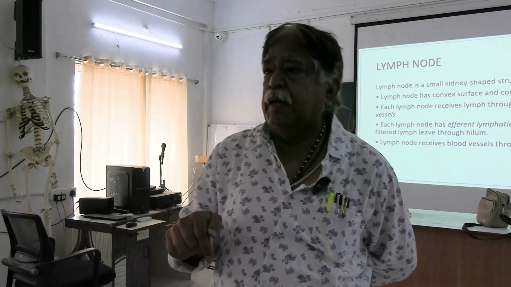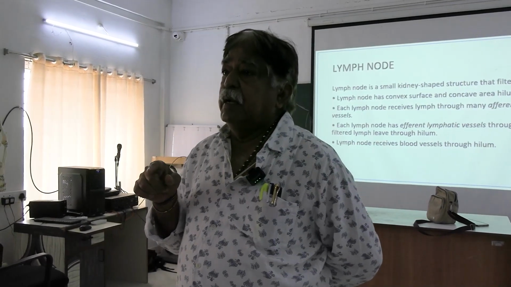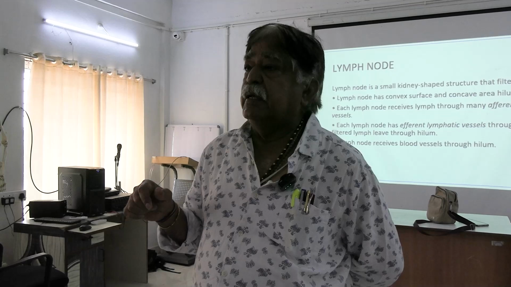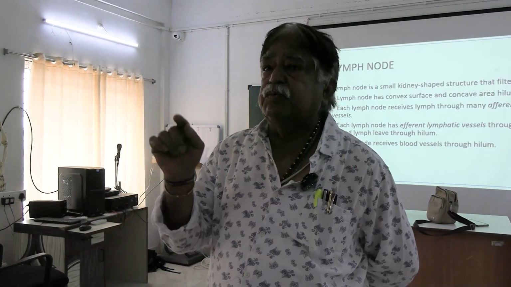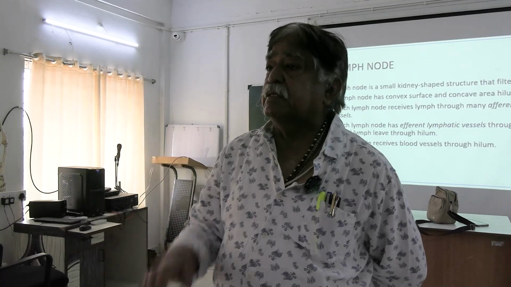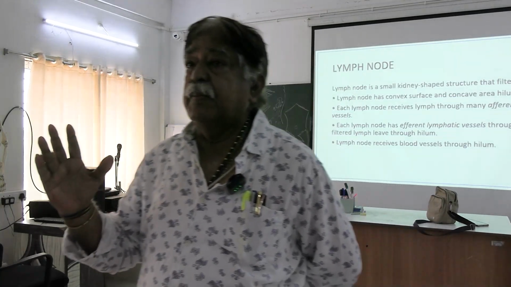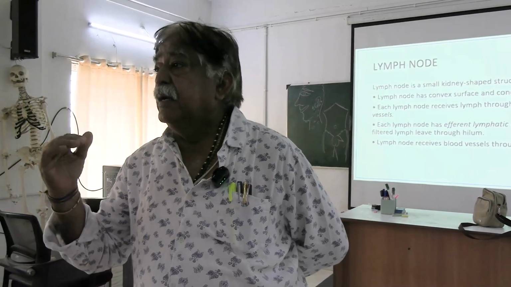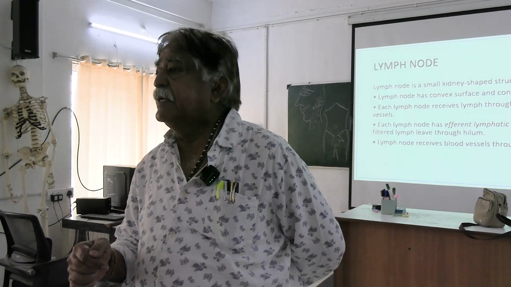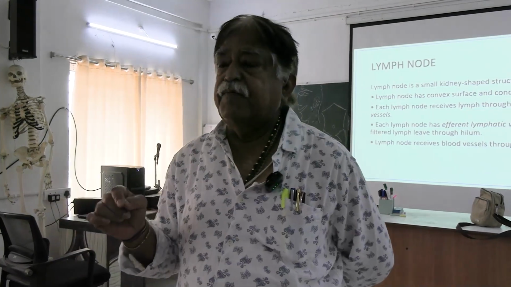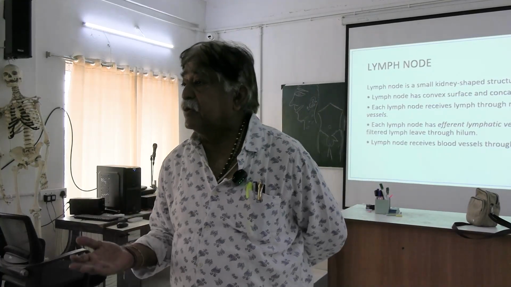Even USGs are being used in interventional cardiology, putting stents and all this. They are putting probes and seeing the condition of the vessel. That is what I am saying regarding USG's importance. And you do a fine needle aspiration cytology, FNAC, and see what is the cellular structure, what is the report.